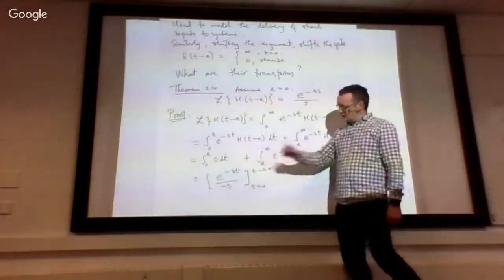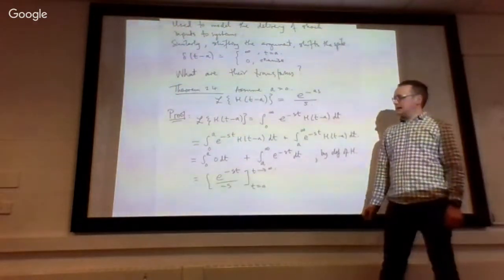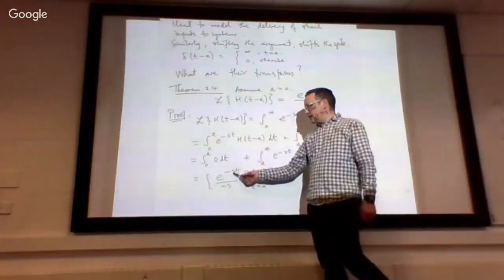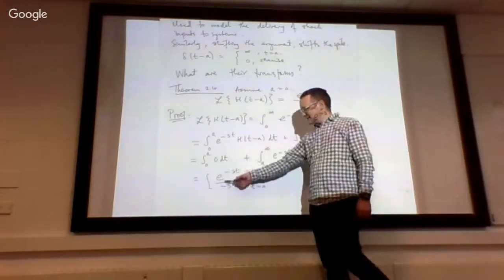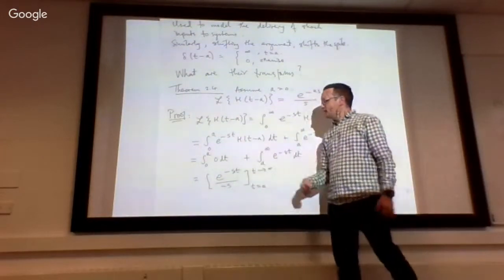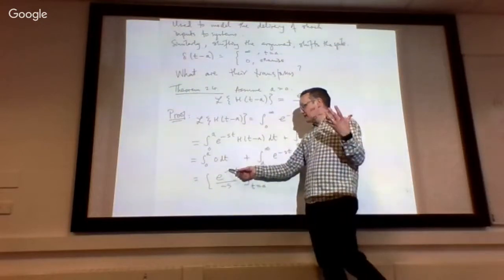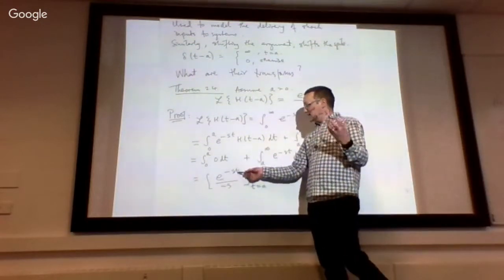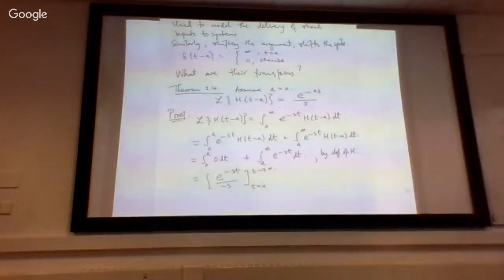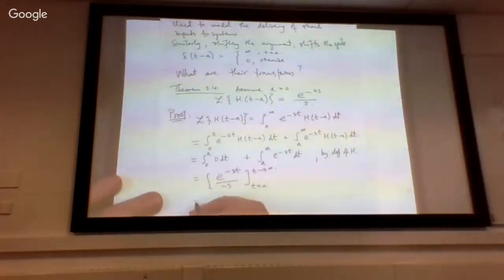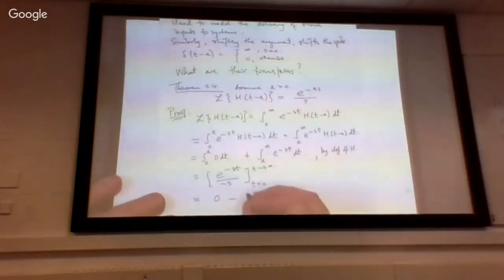Like in previous analyses, as long as the real part of s is positive, this exponential e to the minus st is going to be e to the something negative, and t is getting larger and larger, so it's getting larger in the negative direction. So it's going to be converging to 0. It's going to be 0 minus the evaluation at t equals a.